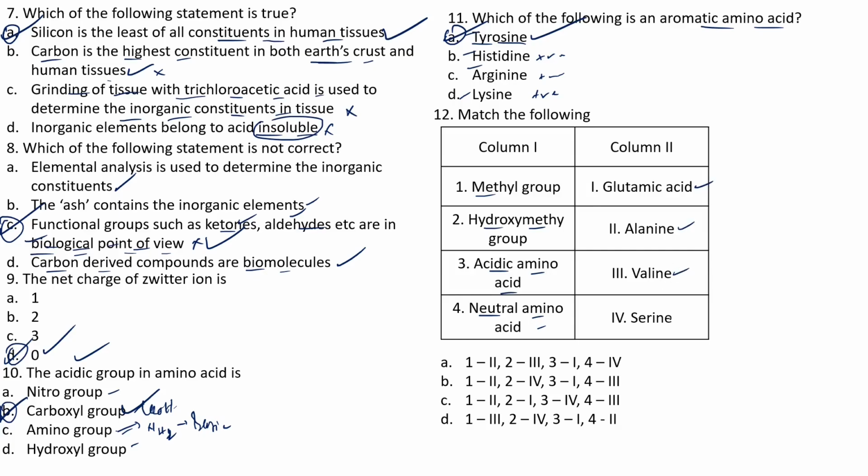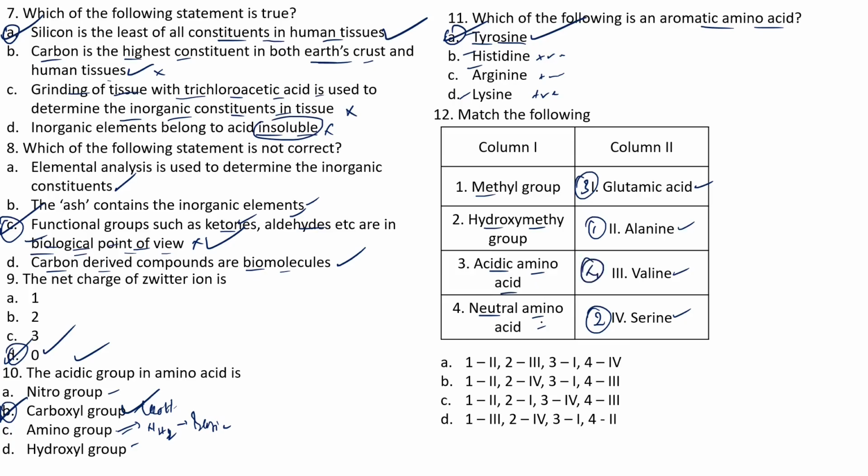Last we are having is the serine, right? So we all know the methyl group is mainly present in the case of the alanine, so we can write 1 number over here. Hydroxymethyl is mainly present in the case of serine. The fourth option will be having the second one. And the acidic amino acid, glutamic acid is an example for acidic amino acid. The neutral, the last remaining we are having is the valine, hence the fourth will go over here.